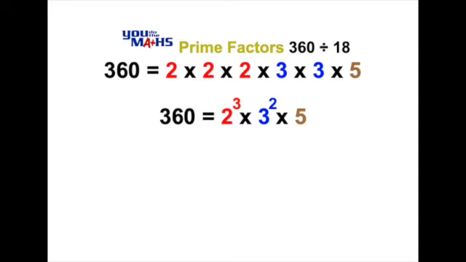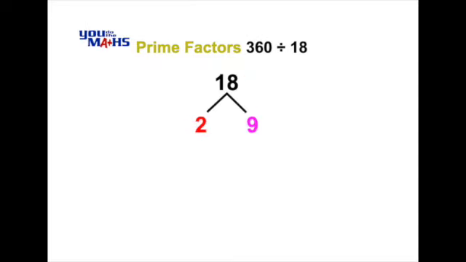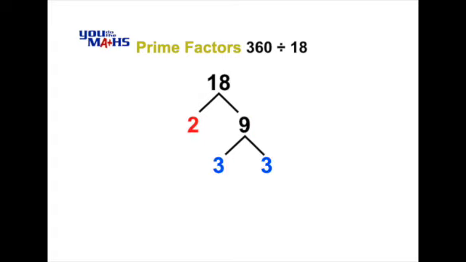Now let's look at the other number in our division problem, and that's 18. The smallest prime number that goes into 18 is also 2, and that goes into 18 9 times. We then look at the number 9 and say the smallest prime number that goes into 9 is 3. It goes into 9 3 times, and because both of those 3's are prime, we've finished our factor tree.